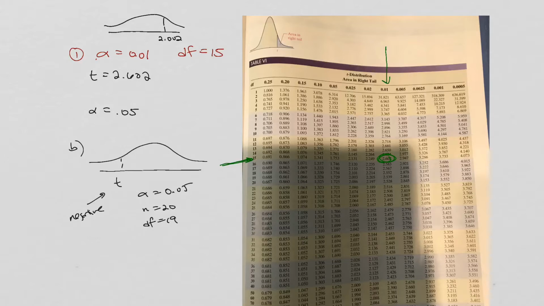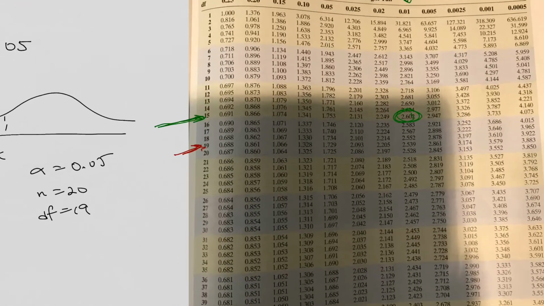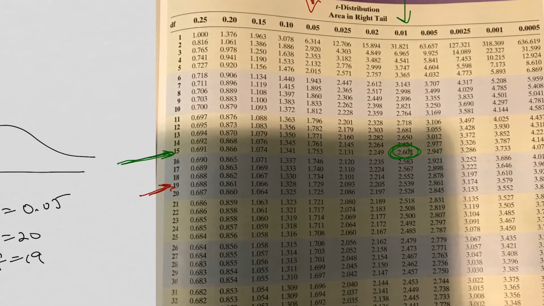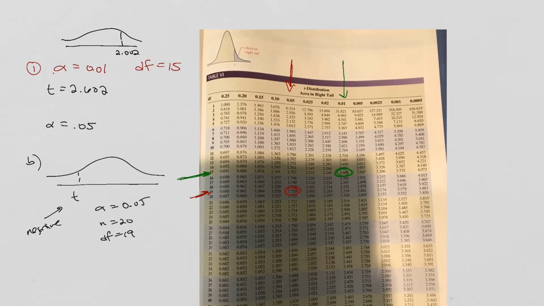0.05, n equals 20, which means our degrees of freedom is 19. Right? So for this one, go down to row 19 right there. Alpha equals 0.05 is this column right there. So again, if we blow this up, it looks like I have a t-score right there of 1.729. Right?